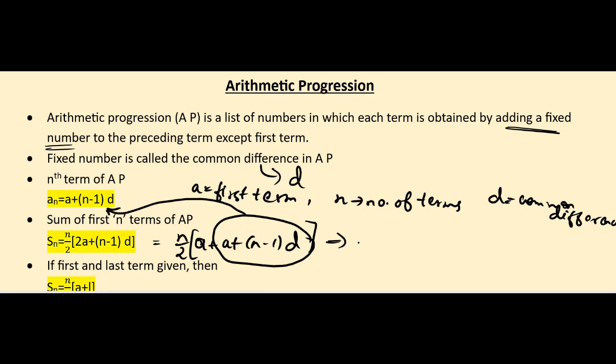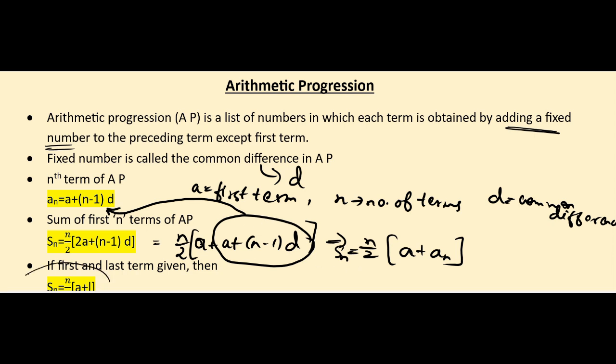So we can write it as Sn = n/2 (a + an). If we know the nth term an of the AP, we can apply this formula.